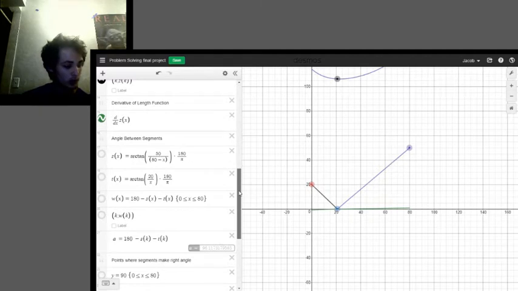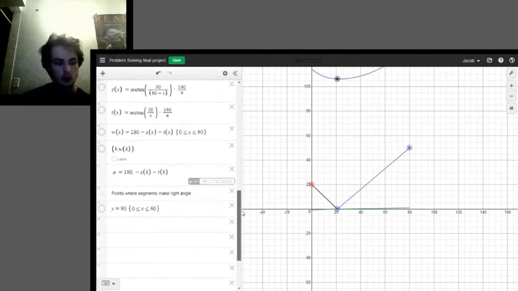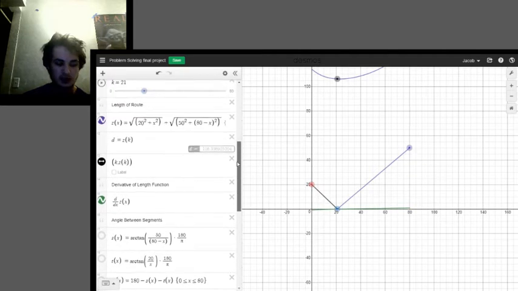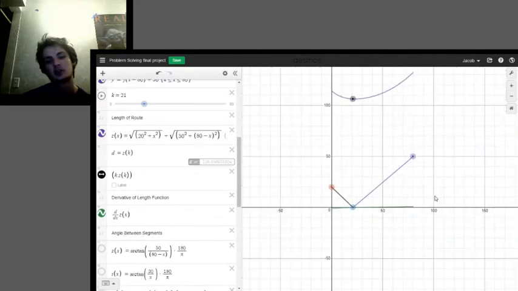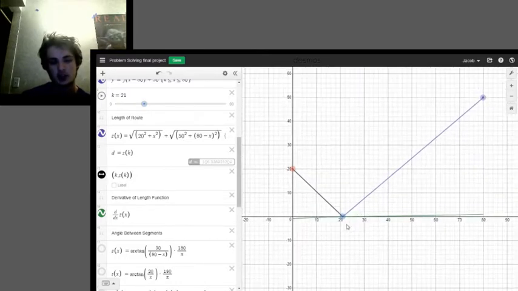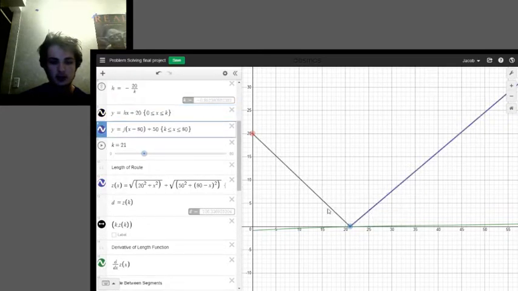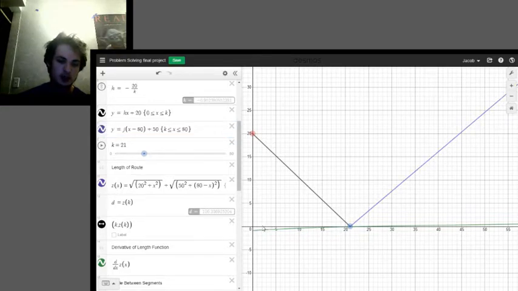Okay, now for part 2, find the point or points where the angle ABC is a right angle. To do this, I looked at it right in here, and I saw that the angle between these two is equal to 180 degrees minus the angle here, and minus the angle here.